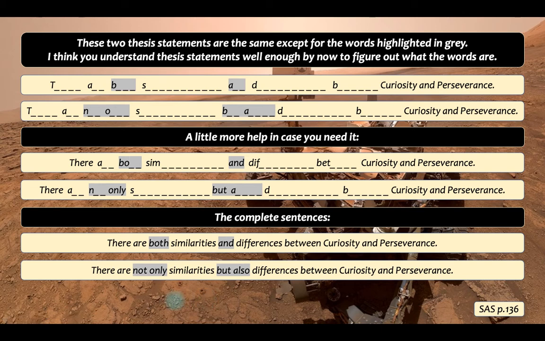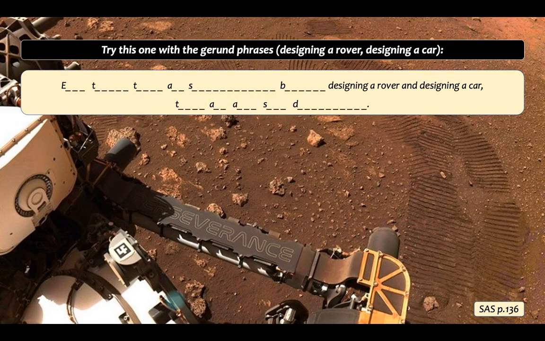Okay, let's try another one. This one we're going to try with the gerund phrases, designing a rover and designing a car. And this looks like a long sentence with a lot of blanks, but what kind of sentence do you know that starts with an "It" phrase?